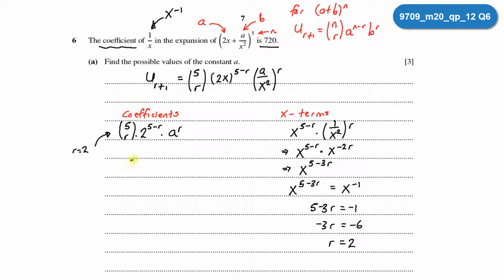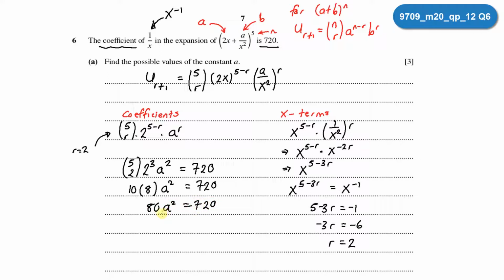So the coefficient will be 5 choose 2, 2 to the power of 5 minus 2, so that will be 2 to the power of 3, and a to the power of r, which is 2, is equal to 720. So 5 choose 2 is 10, and 2 cubed is 8, so basically we have 80a squared is equal to 720.